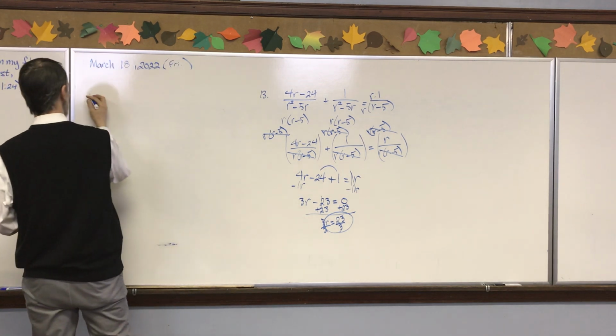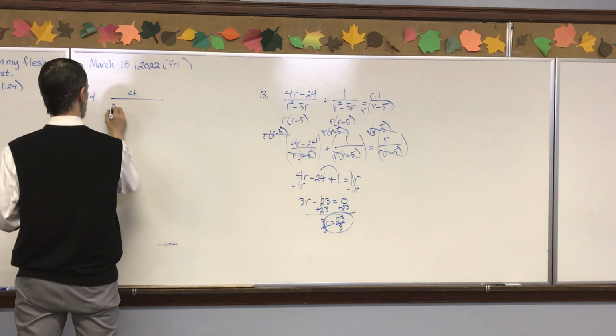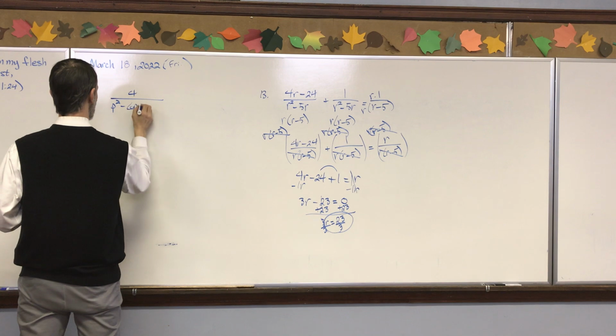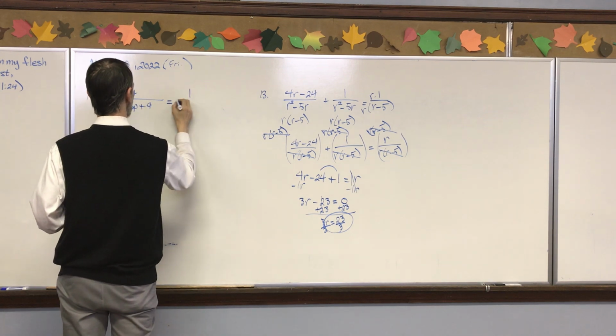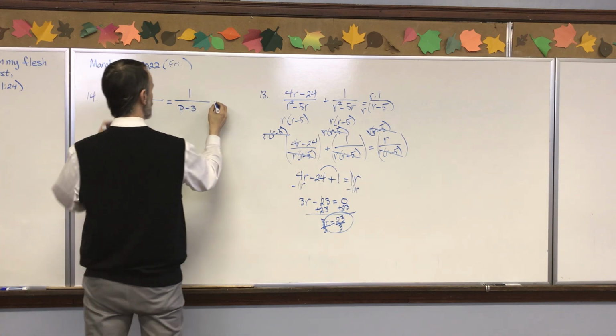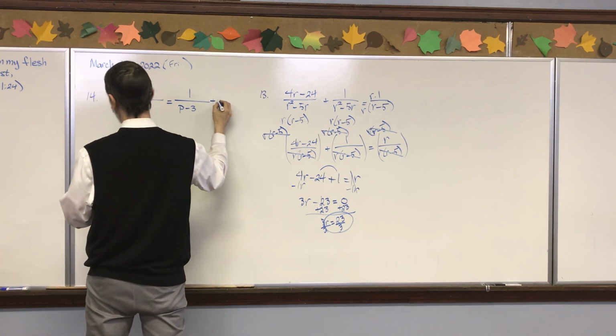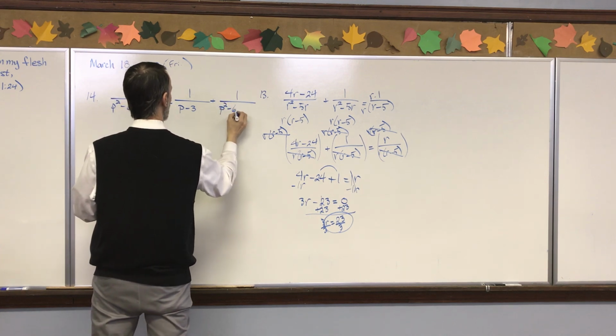Number 14? 1 over p squared minus 6p plus 9 equals 1 over p minus 3 plus 1 over p squared minus 6p plus 9.